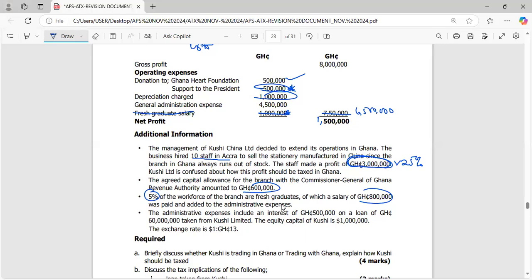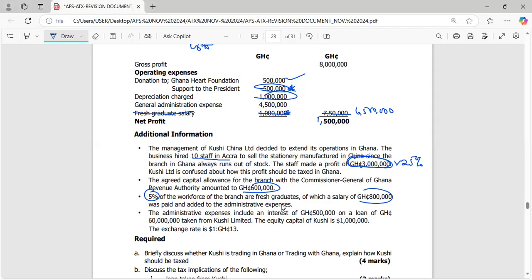There will be an additional deduction, right? Yes. So 5%. What percent of the total wages paid to the fresh graduates is given as an additional deduction? 50%? I disagree. It is above 5% that will give you 50%.